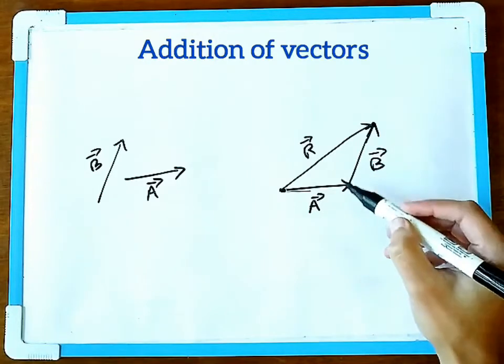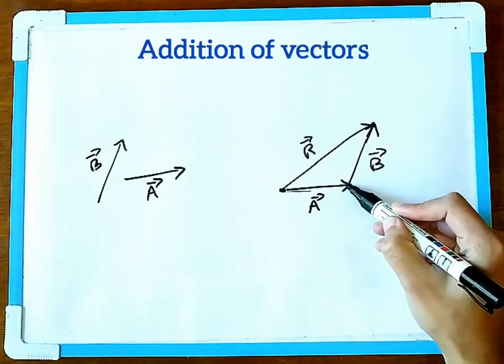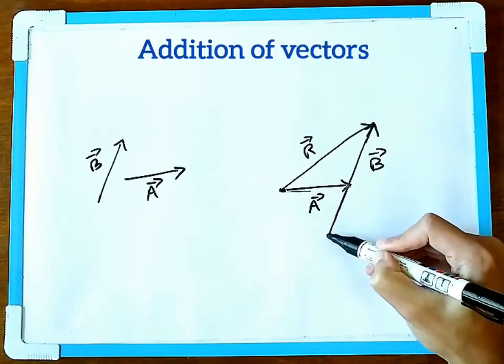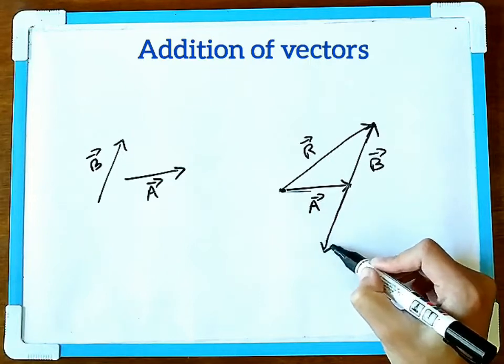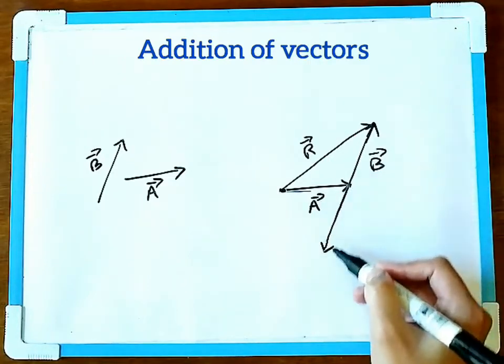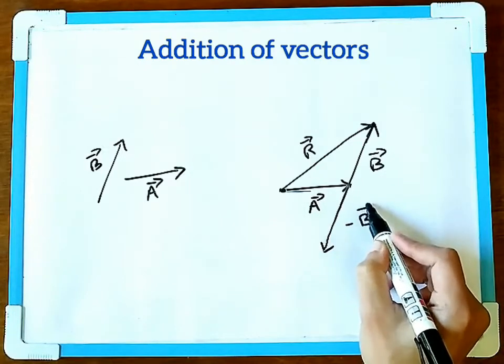What I'll do is I'll draw a vector which has the same magnitude as that of B, but it is opposite to B. These are known as opposite vectors. So here what I have drawn is an opposite vector. So here this will be minus B vector.